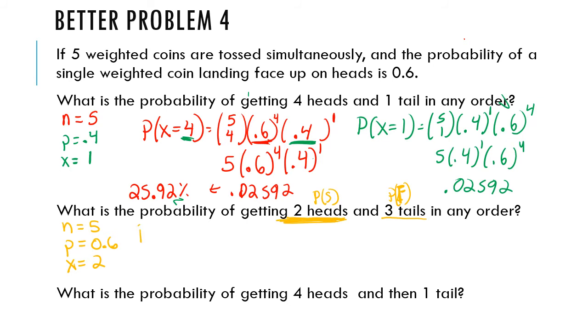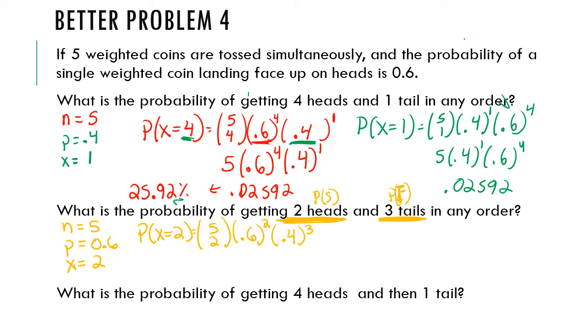So I will have the probability of x equals 2, where I have 5 choose 2 times the probability of success, 2 times, because 2 heads, times my probability of failure, which would be 0.4, and 5 take away 2 is 3, which is getting 3 tails, which will be considered failure for us.